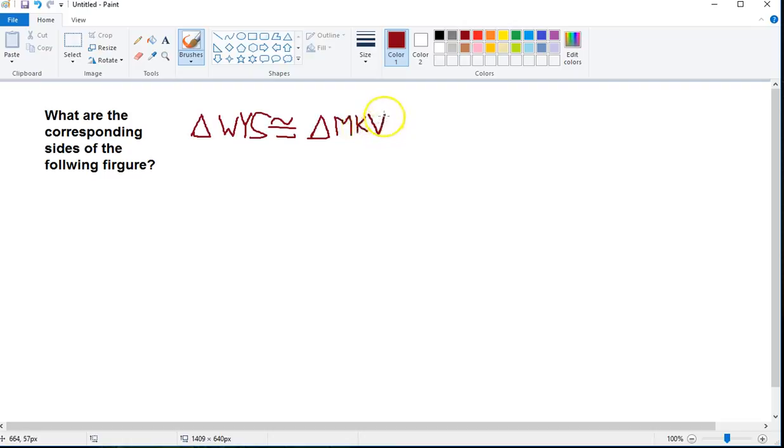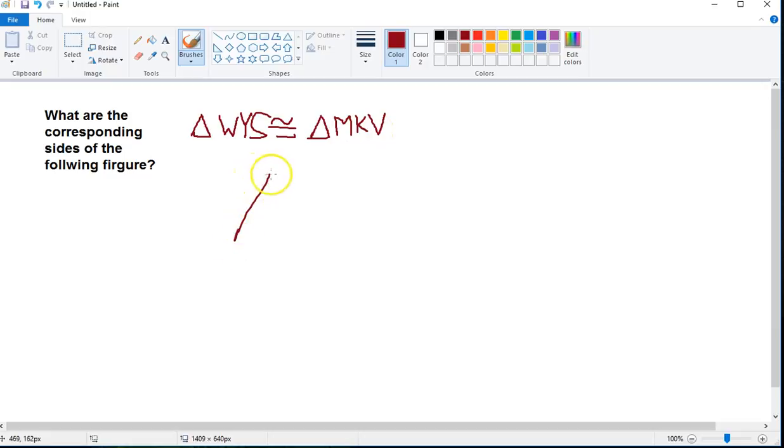Now the important thing is, when you're drawing this, you're supposed to label them the same kind of way. So when I want you guys to try and draw this, and then when you label it, you would label the W the same place as you label the M. You label the Y the same place as you label the K. You label the S the same place as you label the V. Alright, try this now.